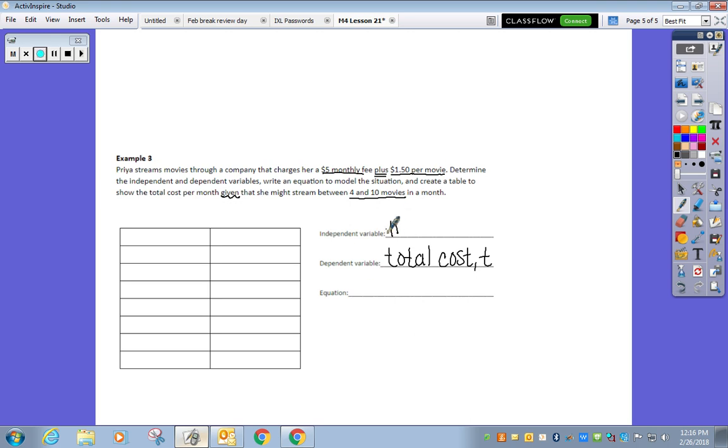So the number of movies. Now this one is a little different than what we've been doing so far because of this $5 monthly fee that's added on to every movie that you watch. So we'll see how that works when we write our equation and do our math to get our answer. So our independent is our number of movies, which we're calling M. And if they don't tell you the variable, you can just choose a variable that works with what you're given.